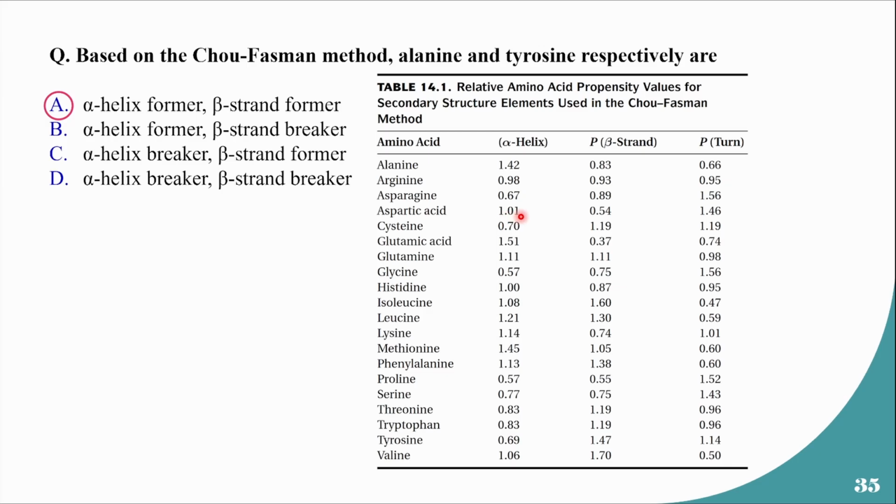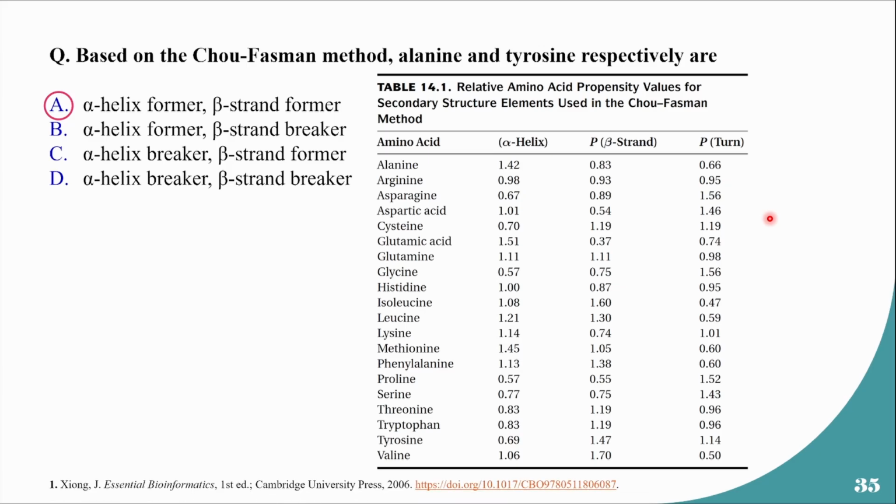So it is over 1, but it is not a very strong former, where it would have something like 1.3, 1.4, 1.5. It is kind of at the neutral point here. But for beta strand it is 0.54, so that is a very strong breaker. If an aspartate was present in a beta strand, it would most likely break the beta strand. Or conversely, aspartate is not a very prominent residue to be present in a beta strand structure, right? That is how you can interpret this table.